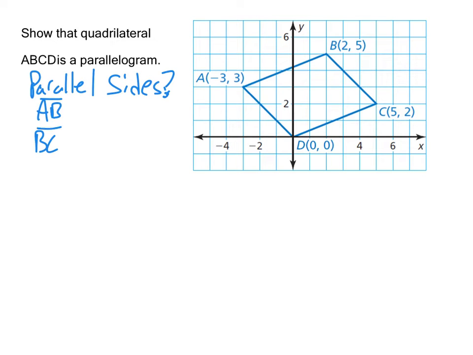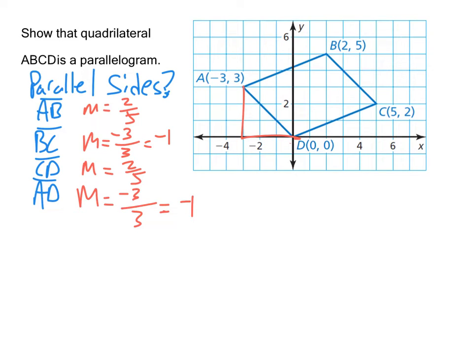So I'm just going to list my sides here, and then we'll find some things out about them. All right, so for AB, what's the slope? This one right here looks like we're going up 2 over 5. So that is a slope of 2/5. What about BC? Well, we're going down 3 over 3.